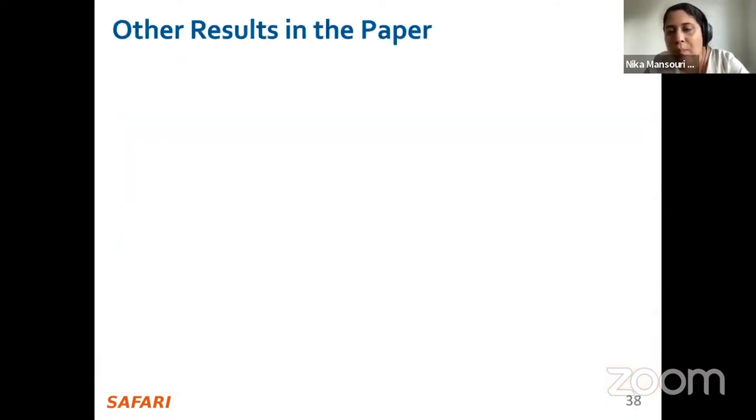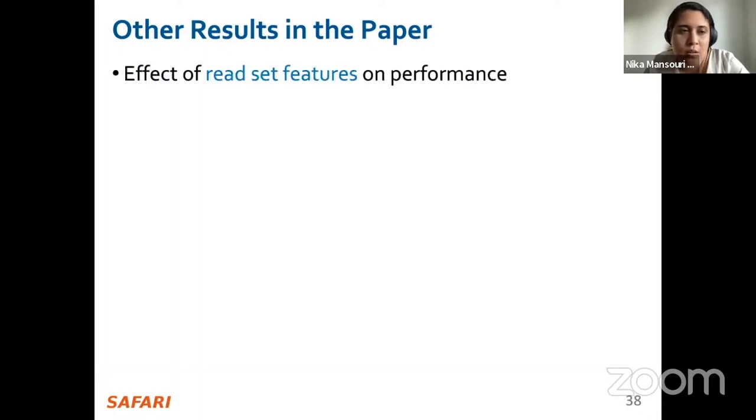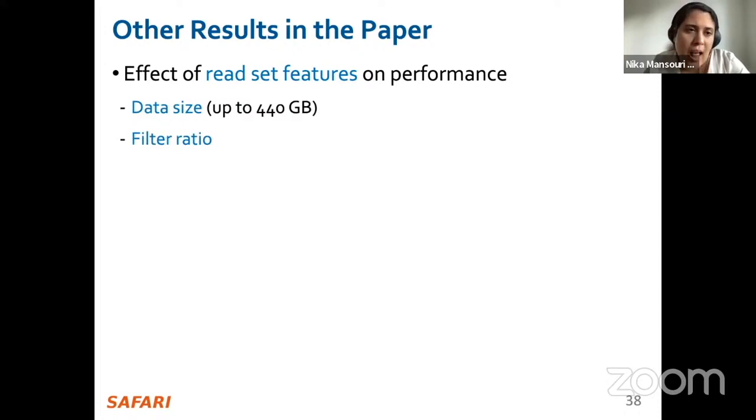Let me briefly talk about other results that are included in the paper before concluding this talk. These results include the following: the effect of read dataset features on performance, such as data size. For example, we analyze input data sizes up to 440 gigabytes, and the filter ratio, basically what percentage of reads in a read dataset can be filtered.